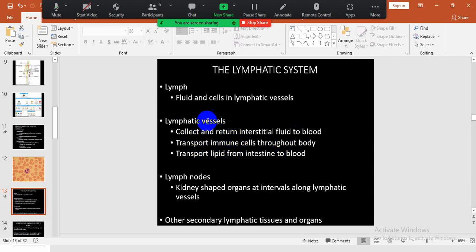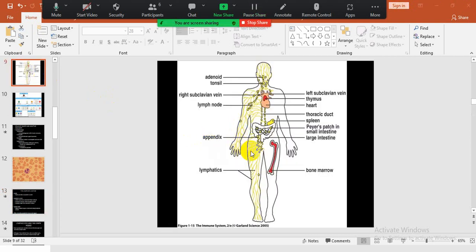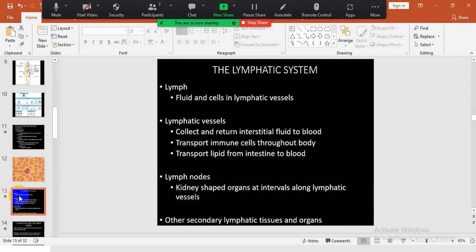The lymphatic vessels. Initially, I showed you the lymphatic vessels. These are the lymphatic vessels, the yellow threads. They also transport lipids. Lipid does not pass through the blood. It passes through what? Lymphatic vessels from the intestine before it goes into the blood.